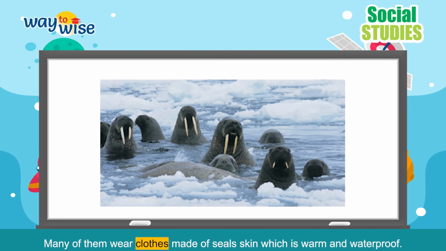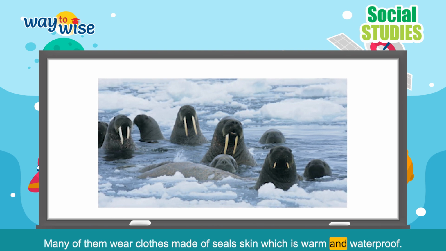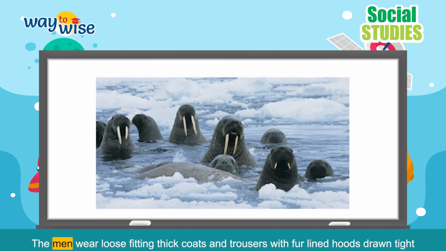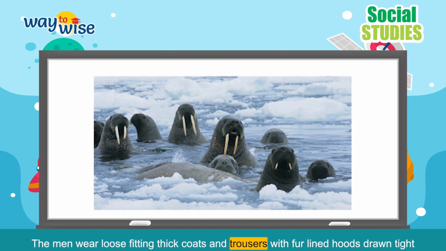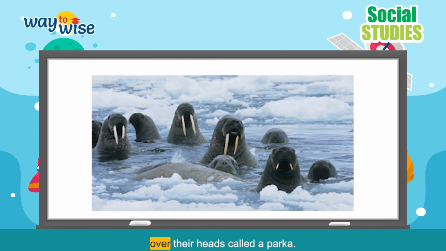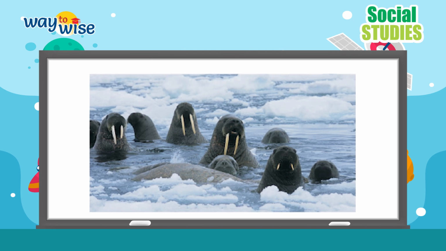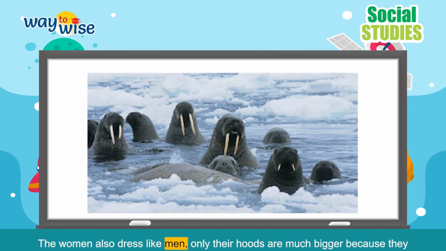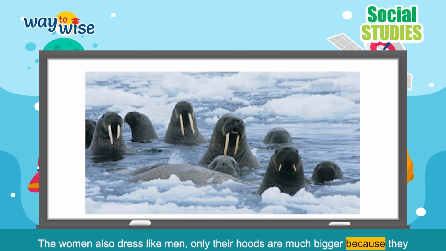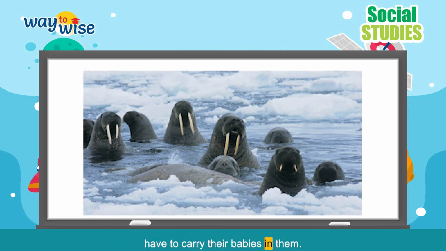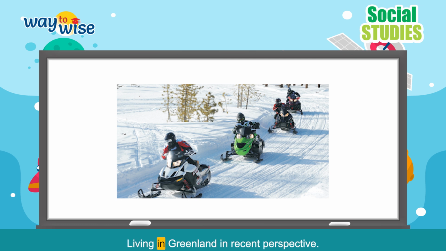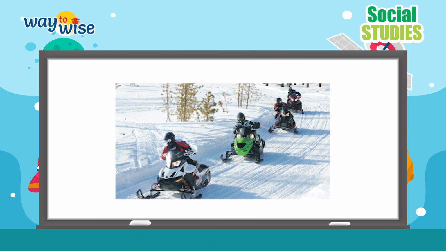Many of them wear clothes made of seal skin, which is warm and waterproof. The men wear loose-fitting thick coats and trousers with fur-lined hoods drawn tight over their heads, called a parka. The women also dress like men, only their hoods are much bigger because they have to carry their babies in them.